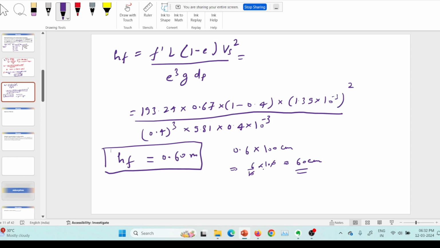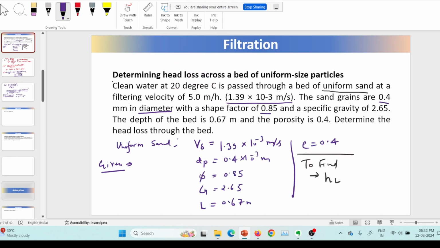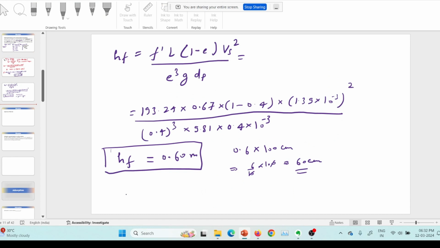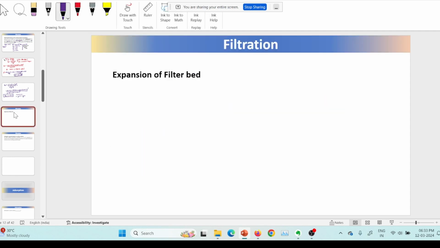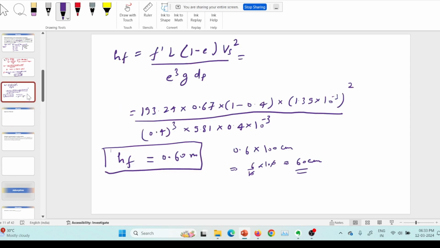So after operation, the head loss will be 60 centimeter for a 67 centimeter filter bed.